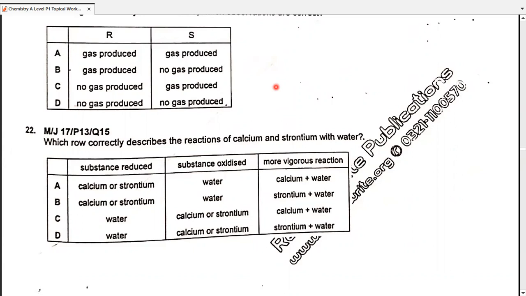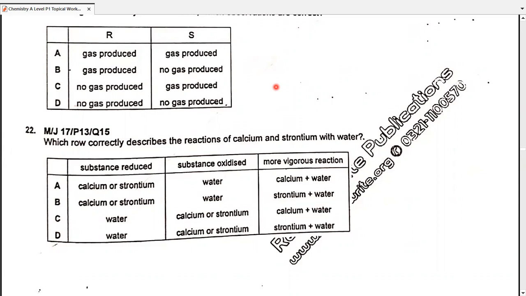The substance reduced would be water. The substance oxidized is calcium or strontium, and then the more vigorous reaction.